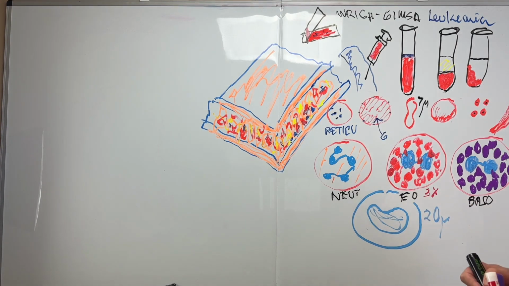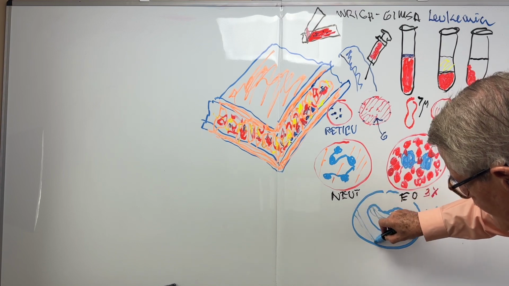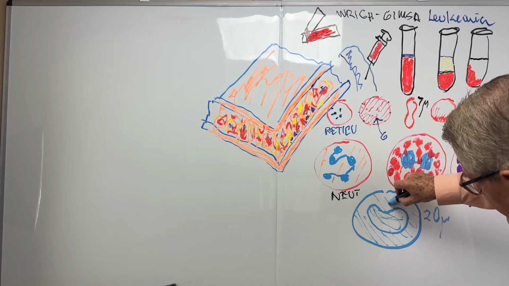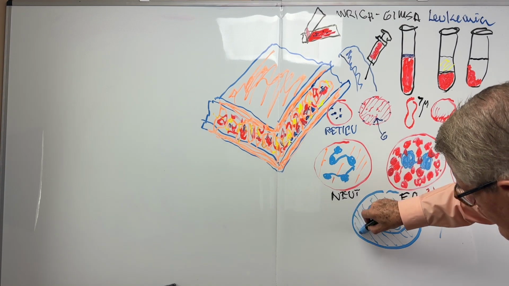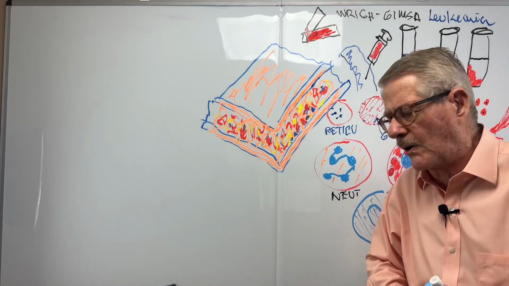The cytoplasm is pretty smooth looking. It doesn't show too many granules. It's almost like grayish blue. And maybe the nucleus might be a little bit more dense, but it has this appearance of loose chromatin.